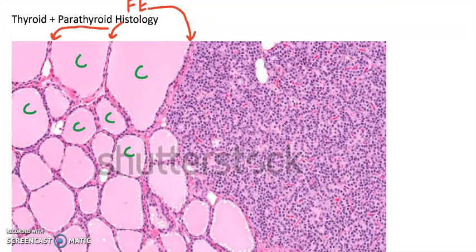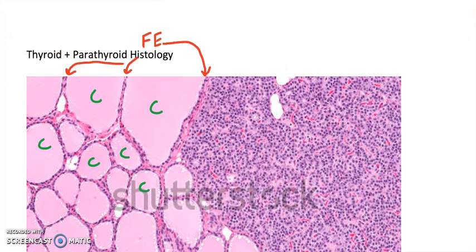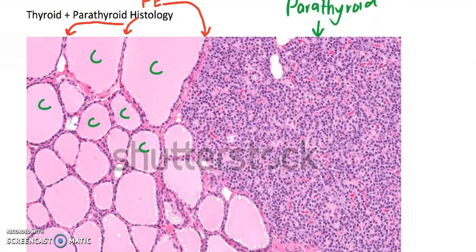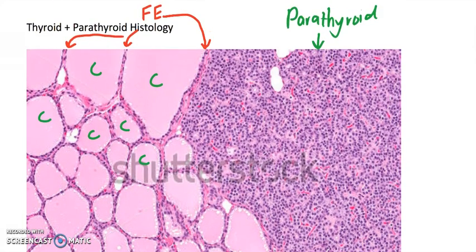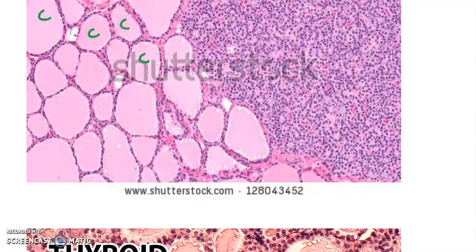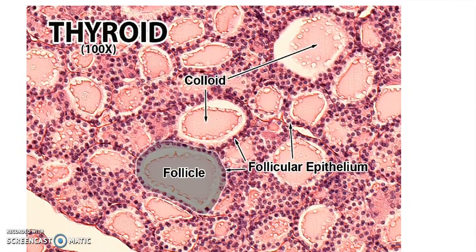Everything else on the right side that doesn't look like everything on the left side, this is all parathyroid tissue. So basically, light pink circles, which should cover most of the slide, would be thyroid. Everything else, which might be in a small secluded section on its own, this is all parathyroid. And here's another image of that, just the thyroid.